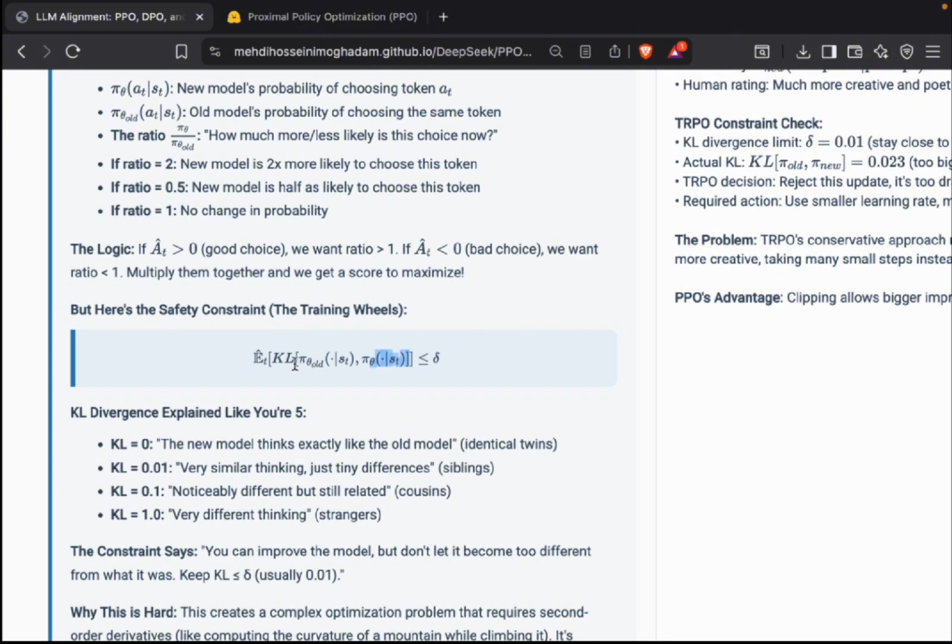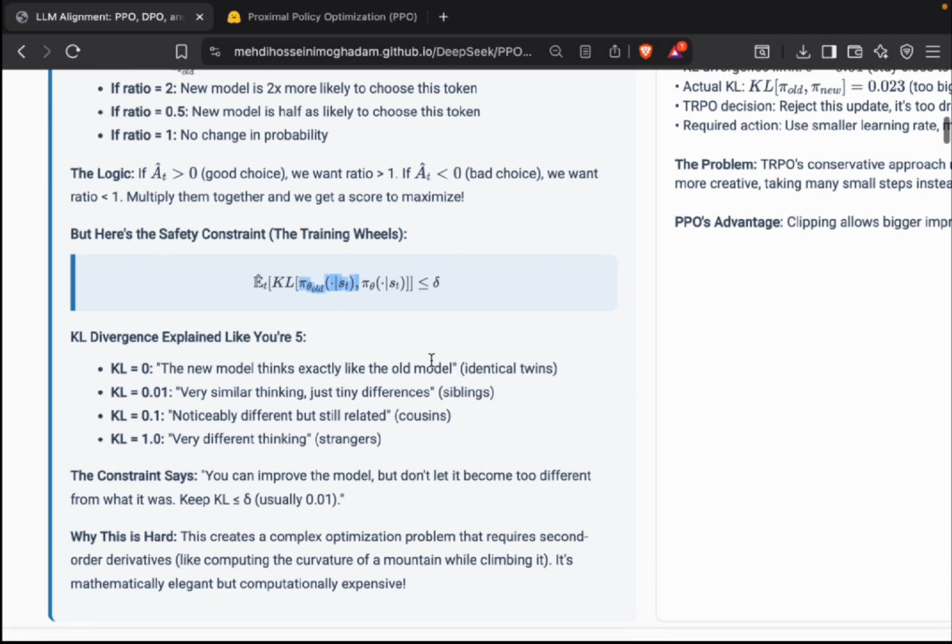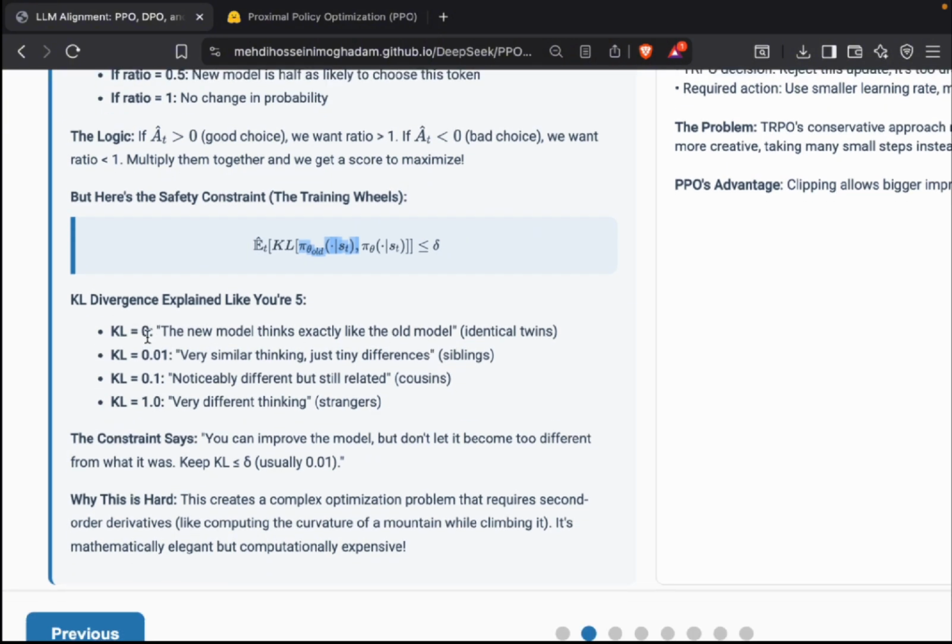So I would say the distance from the old policy should be less than a specific amount, a delta number. What does a Kullback-Leibler of 0 mean? It means the new model thinks exactly the same as the old model, because both distributions are the same. If it is 0.01, they are very similar, with just tiny differences.